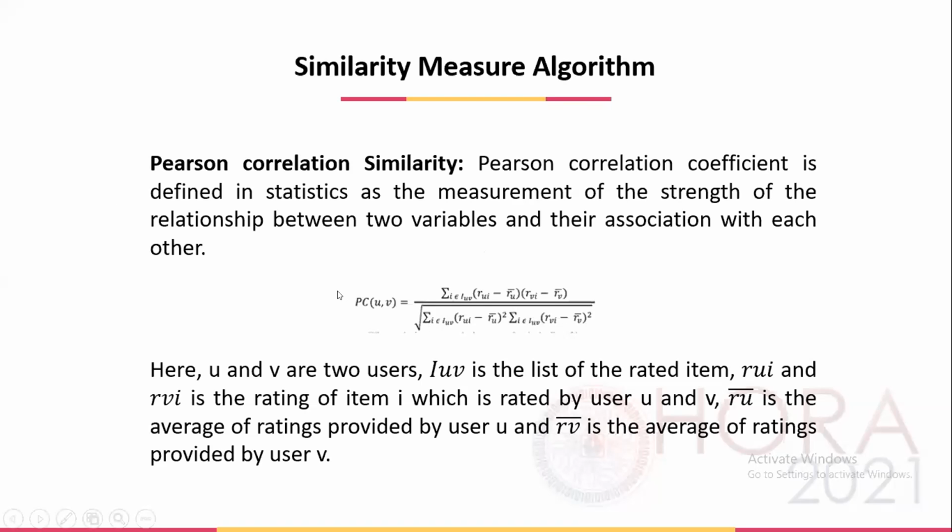I_UP is the list of the rated items, and R_UI and R_PI are the ratings of item I rated by users U and P. And R bar U and R bar P are the average ratings provided by users U and P.